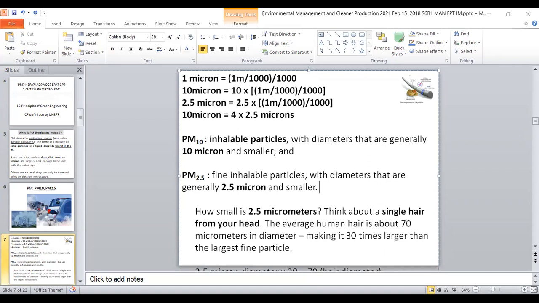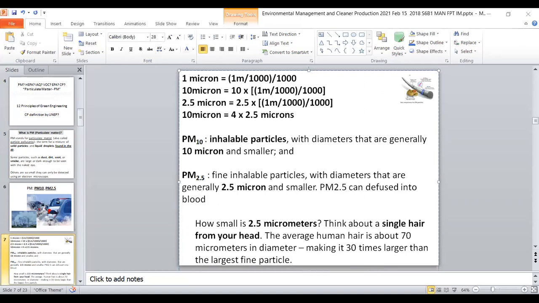Mainly PM 2.5 can be diffused into bloodstreams once it goes into the lungs.